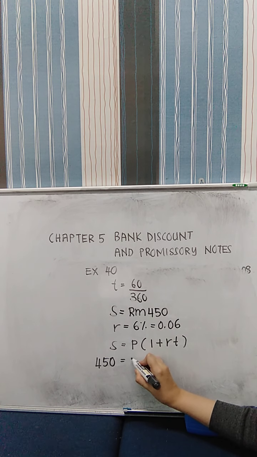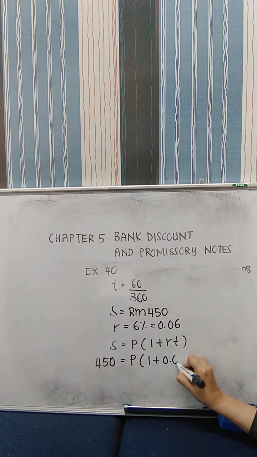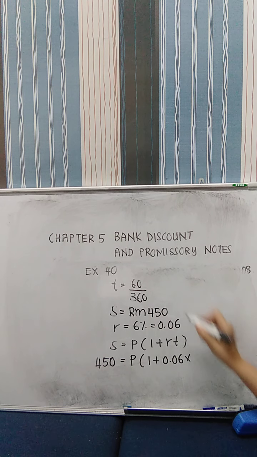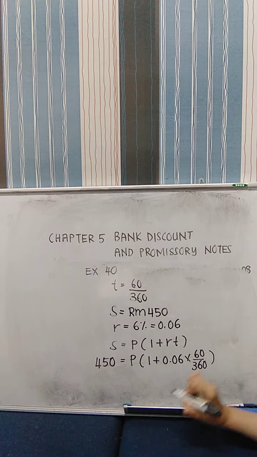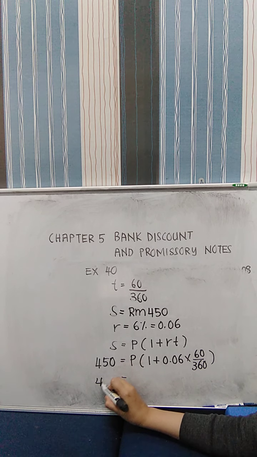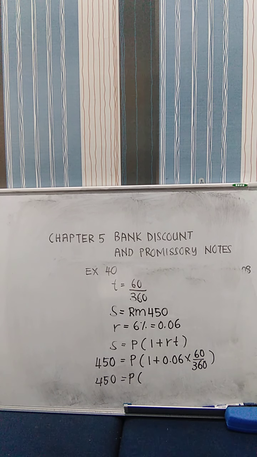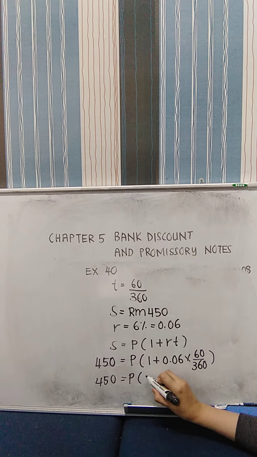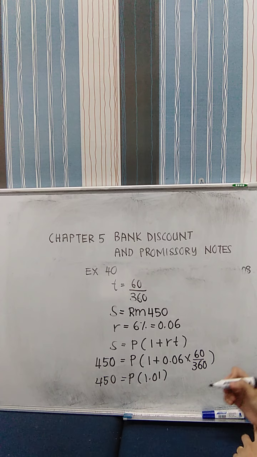You need to find the P. 450 = P(1 + 0.06 × 60/360). Solve the bracket: 1 plus 0.06 times 60 over 360. The answer is 1.01.